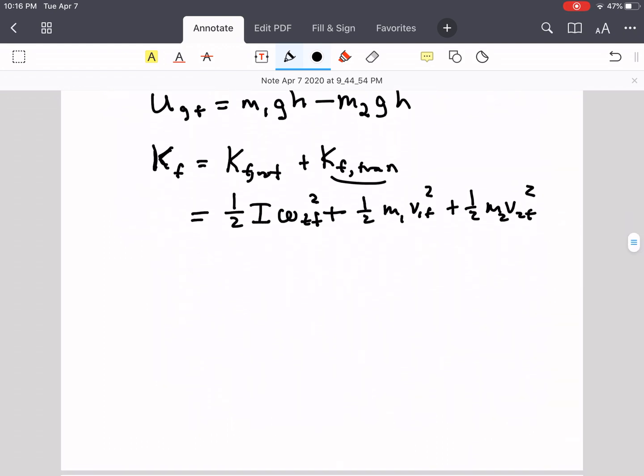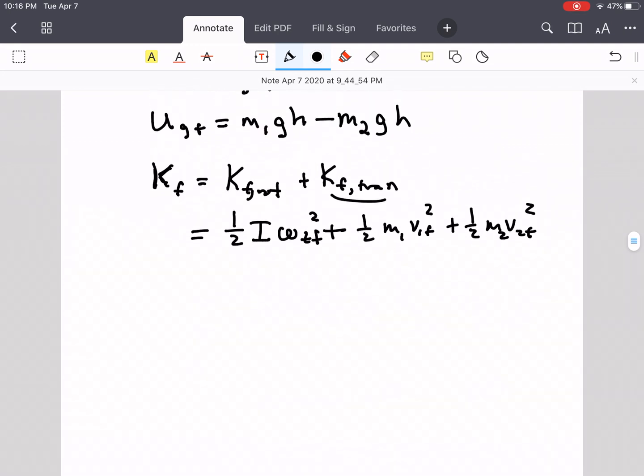And now, our little bit of magic here, because of rolling without slipping, we have that first off, these two, v1 and v2: if object 1 moves up, object 2 moves down at the same rate, so their speeds are identical.